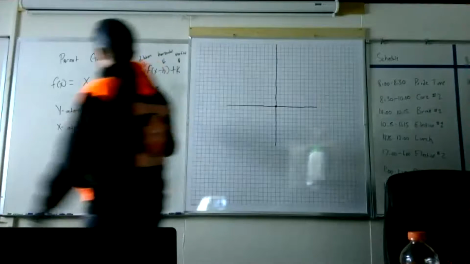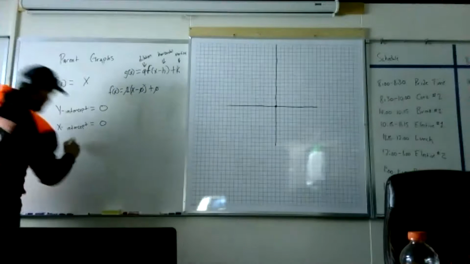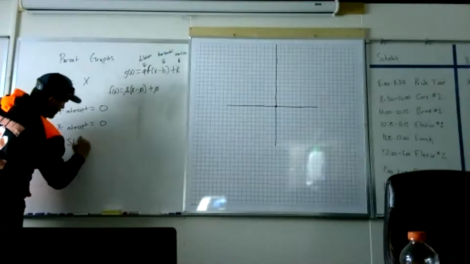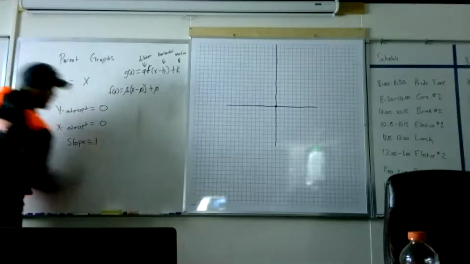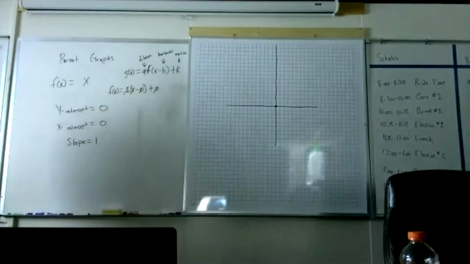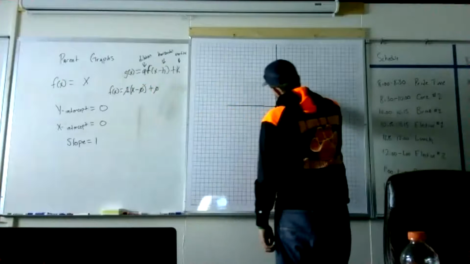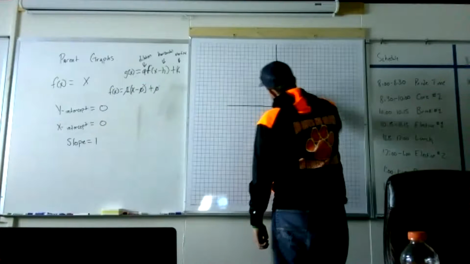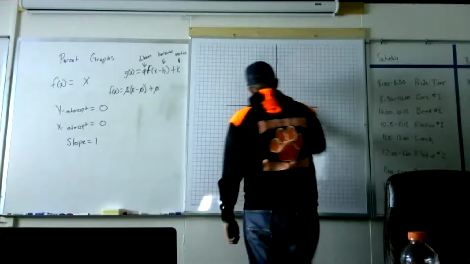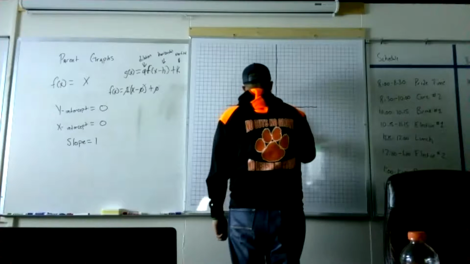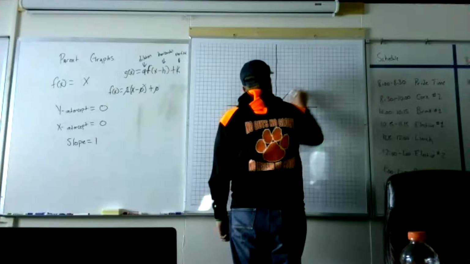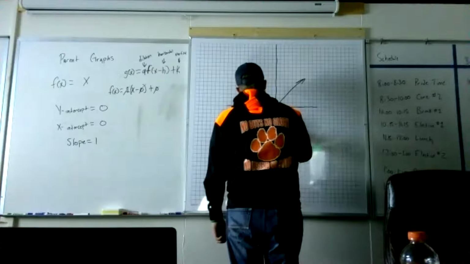The slope, since it's just x, is equal to 1. So again, this is a linear function. For the parent graph, it's always going to cross through the points (1, 1) and (negative 1, negative 1). So if we were to continue this out, our parent function would look something like this.